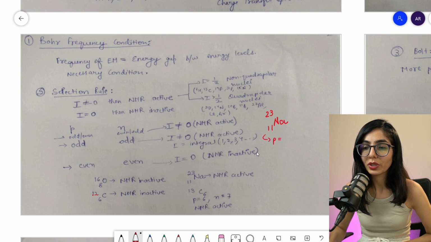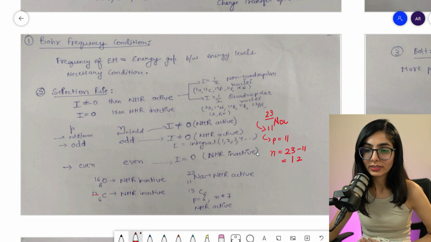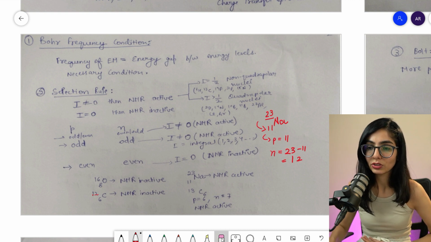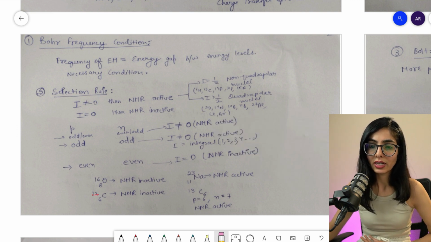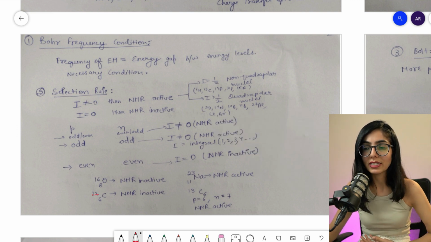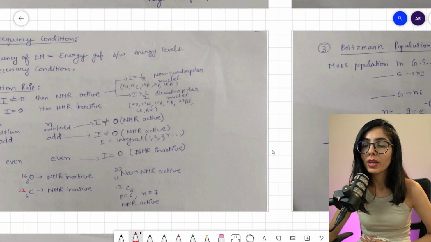Proton is always equal to the atomic number, and neutron will always be the atomic weight minus the atomic number. Just subtract them and you'll get the neutron. That's how you calculate proton and neutron. It's a very basic thing. I know you all must be annoyed that I'm teaching all of this, but some students do not know such basics, and I'm here to teach.